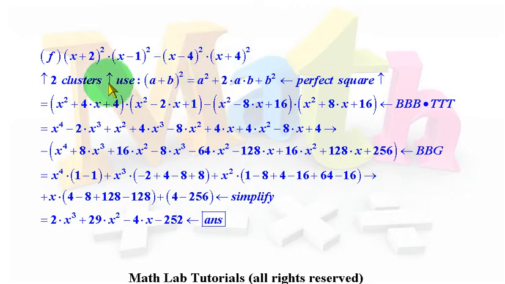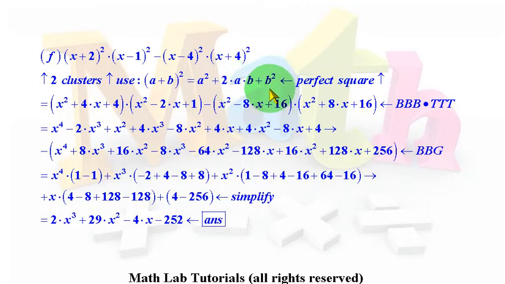Now, because we have so many perfect squares in this expression, it's easier to use the perfect square expansion formula. If you expand (a + b)^2 by writing it down side by side twice and using a bullet target, we easily get a squared + 2ab + b squared.